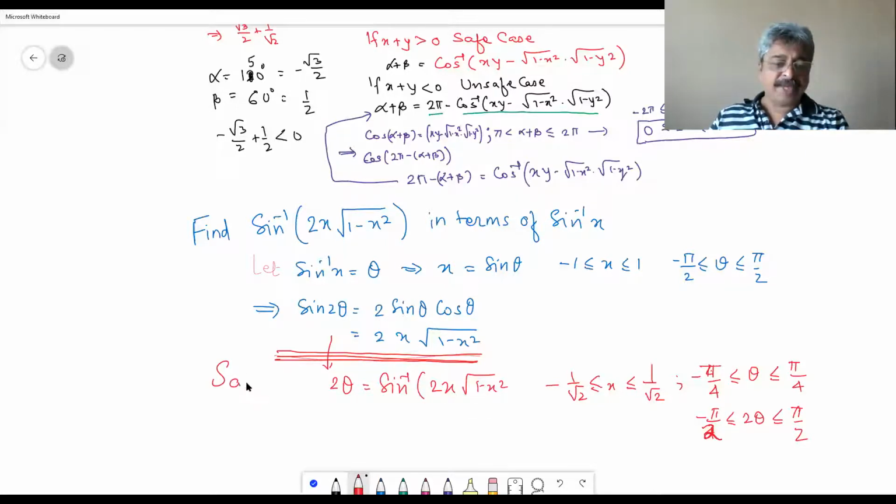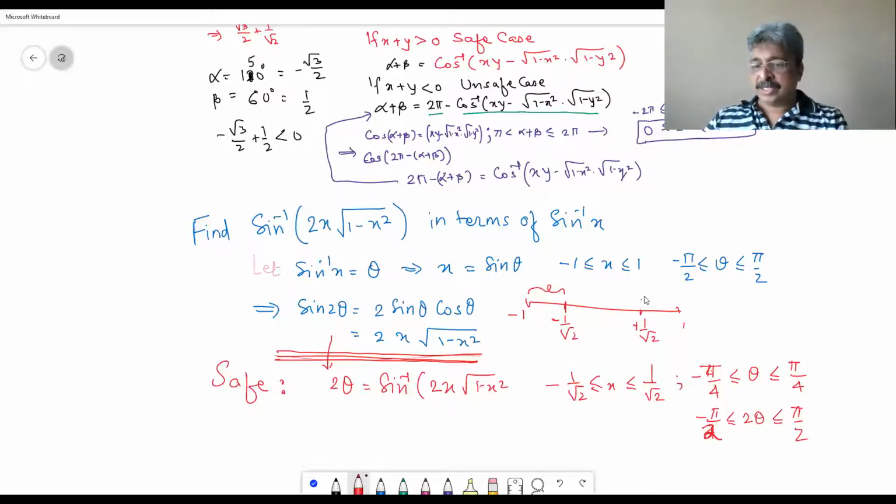This is our safe case. Okay. Now, because this safe case is exactly in between, out of these values from minus 1 to 1, you have chosen this range minus 1 upon root 2 to plus 1 upon root 2. Therefore, the two remaining cases will be these. One case will be this, another case will be this.